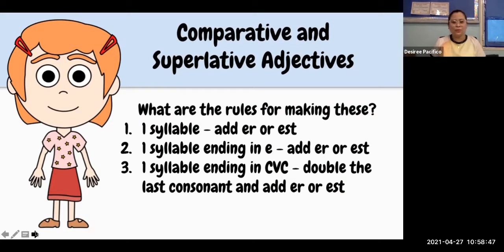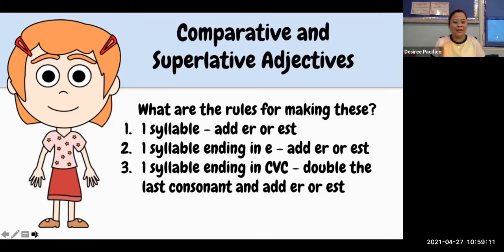Here are the rules on how to make comparative and superlative adjectives. First one, if the adjective is just one syllable, you just need to add ER or EST. An example of a one syllable adjective is large.